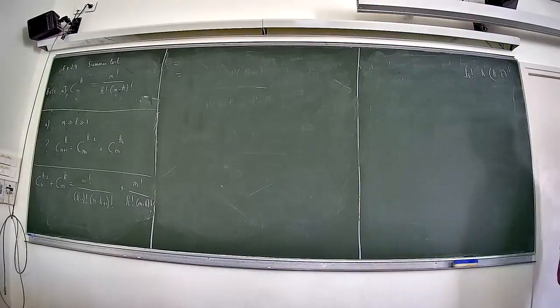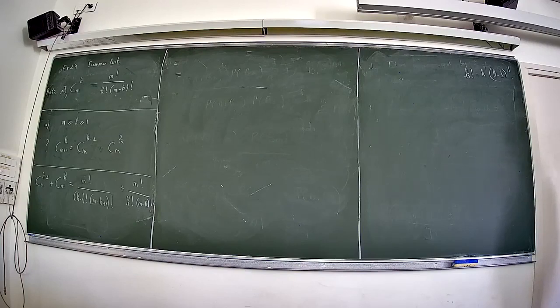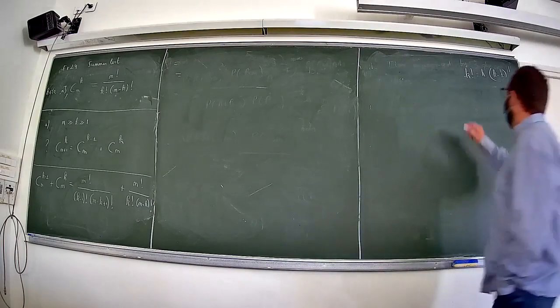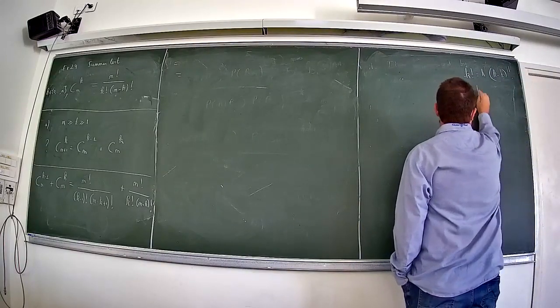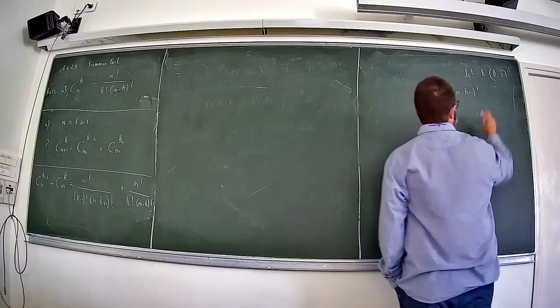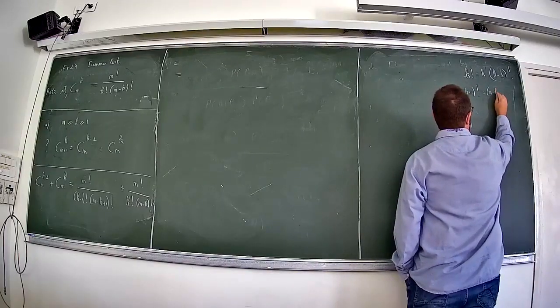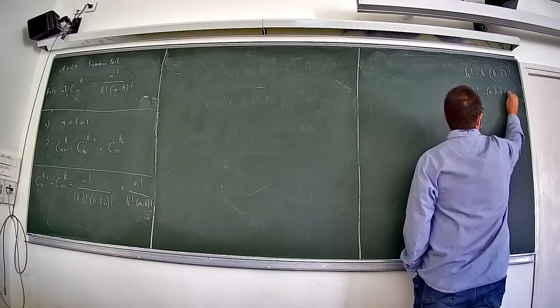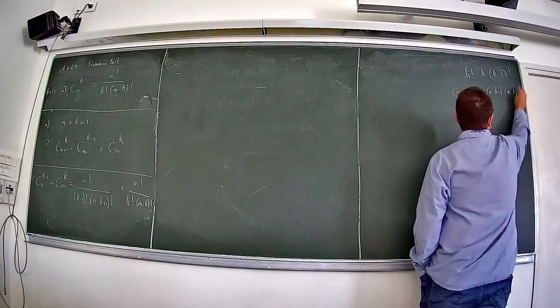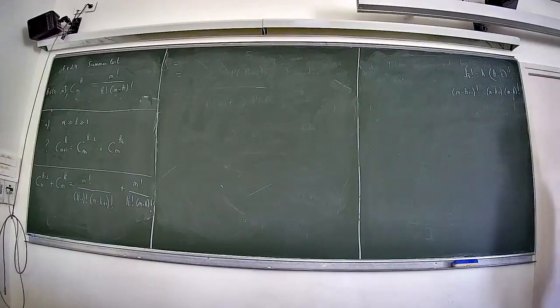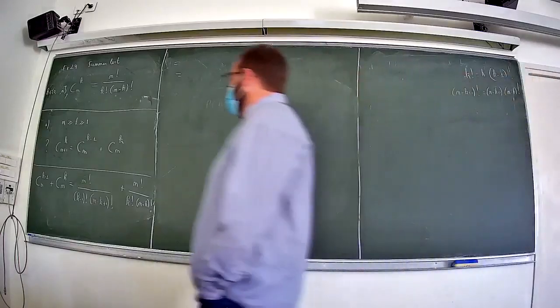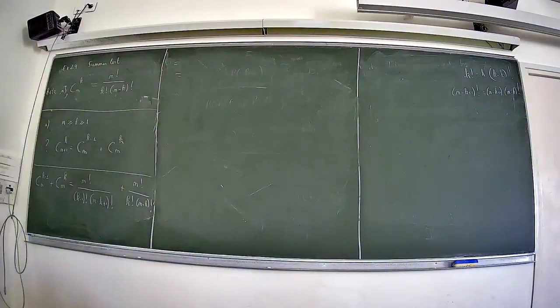k factorial is the product of the k first integers, so I can decompose it in this way. The same holds for (n-k+1) factorial, that can be written as (n-k+1) times (n-k) factorial. If I do this, I can put things into factors.